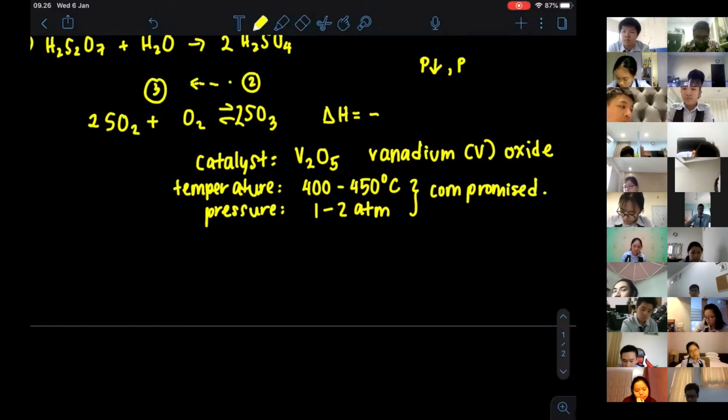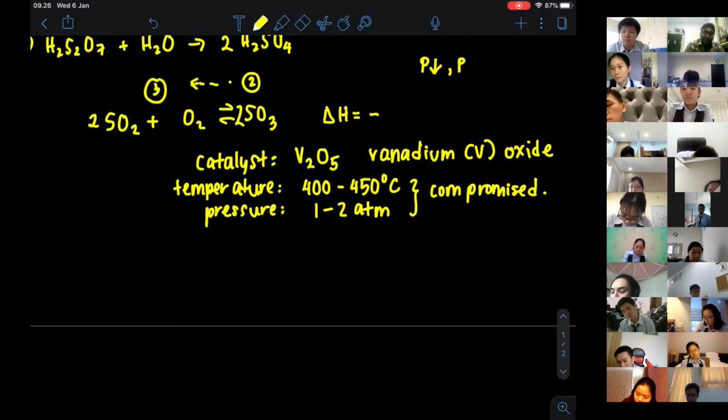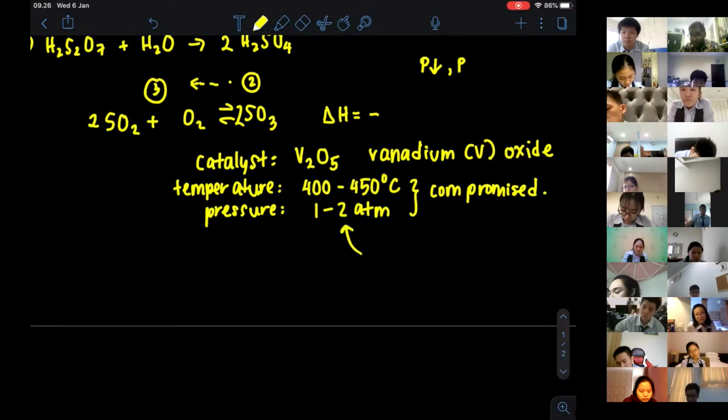So do remember, if I use too low a pressure, the reaction is going to proceed to the left. Therefore, the pressure must be a little bit higher, but for this one it's slightly different because they didn't go up to 200.